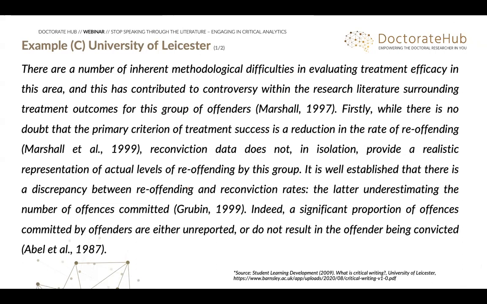Firstly, while there's no doubt that the primary criterion of treatment success is a reduction in the rate of reoffending, reconviction data does not in isolation provide a realistic representation of actual levels of reoffending by this group. It is well established that there is a discrepancy between reoffending and reconviction rates, the latter underestimating the number of offenses committed. Indeed, a significant proportion of offenses committed by offenders are either unreported or do not result in the offender being reported.